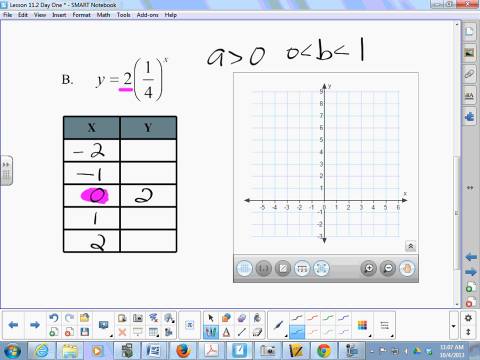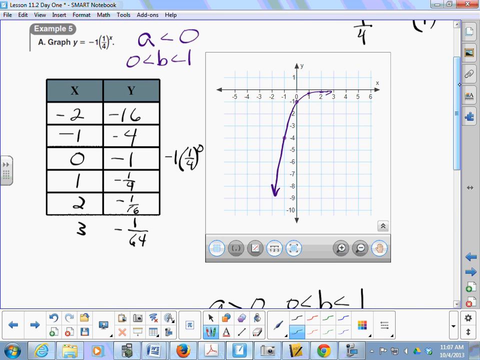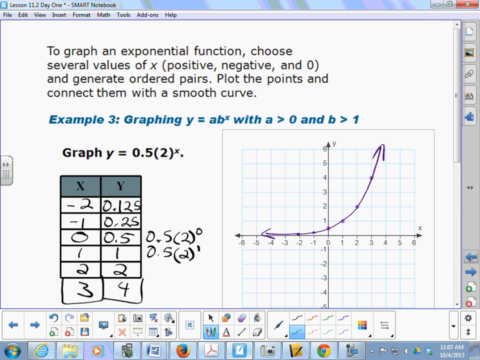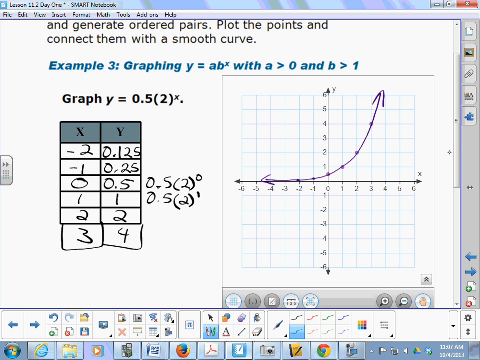So this is 2. My y value for 0 is always whatever a is. Let's look at other ones. a was -1. At 0, I have -1. Over here, a was 0.5. At 0, we had 0.5. We did nothing.